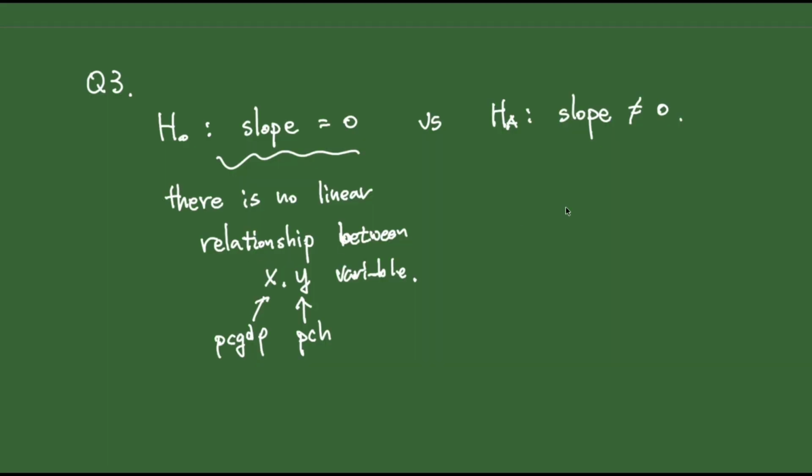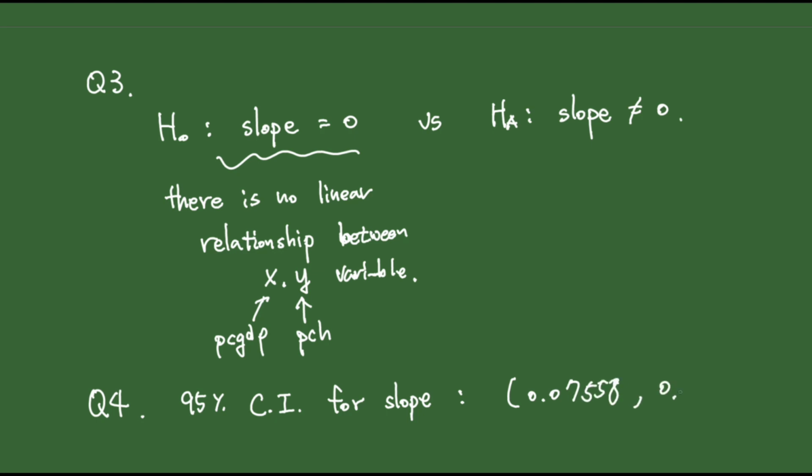So in question 4, we set the null hypothesis and the alternative hypothesis, and we observe the 95% CI for the slope, and it says that, what was the value? 0.07558 and 0.11805.